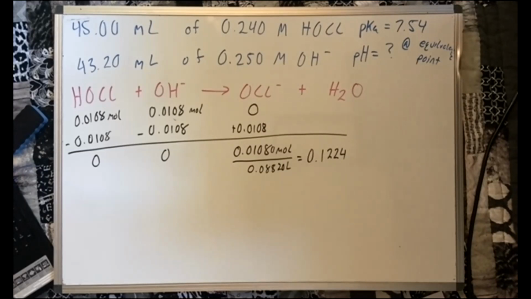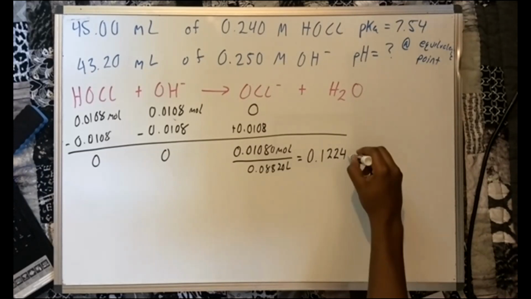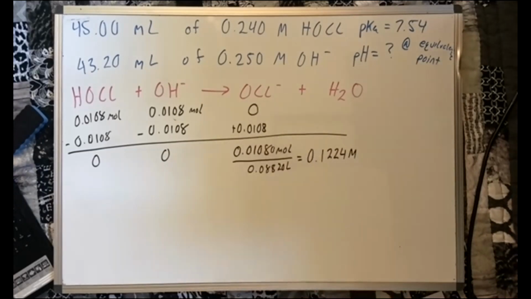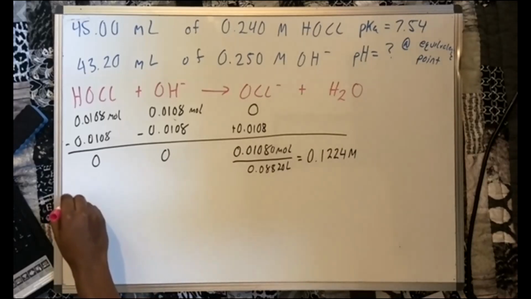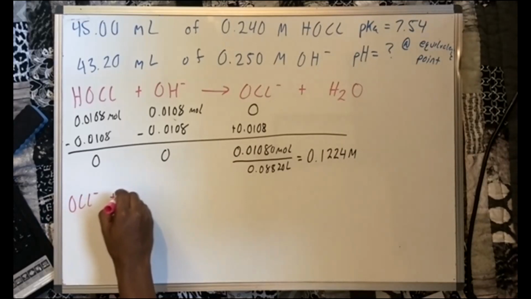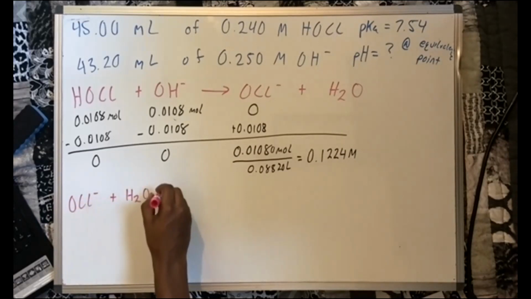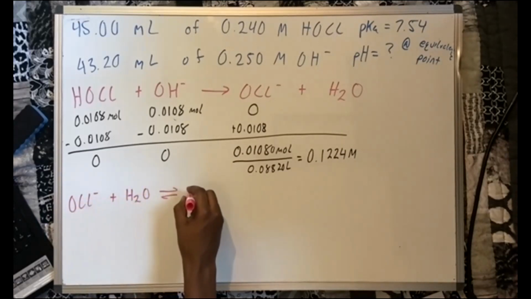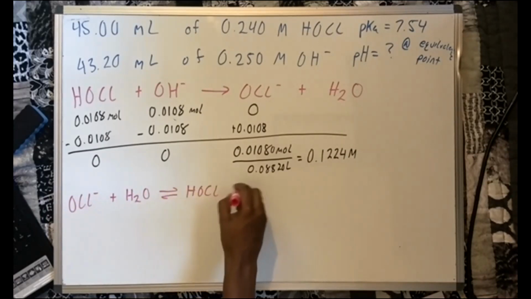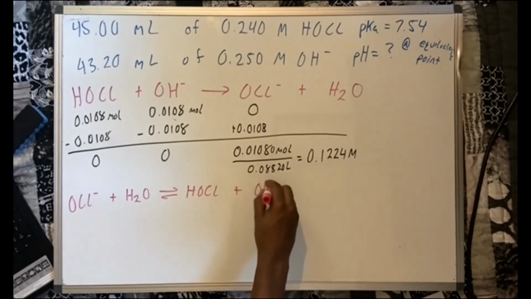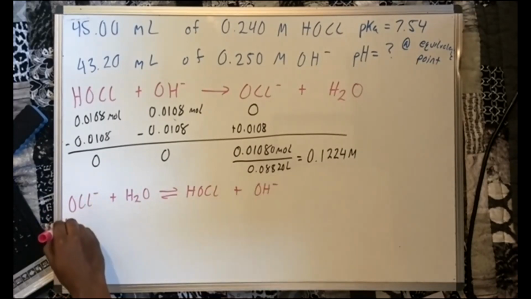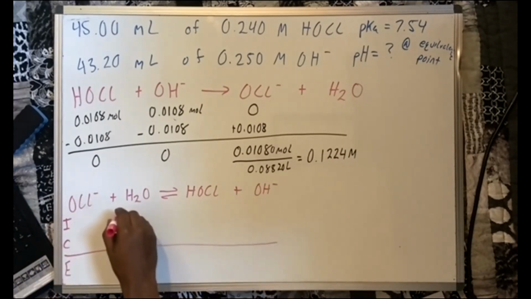Okay. Now it's just finding the pH of this molarity of that weak base, right? Just like chapter 16. So let's do OCl minus plus H2O goes to HOCl plus OH minus, my ICE table.